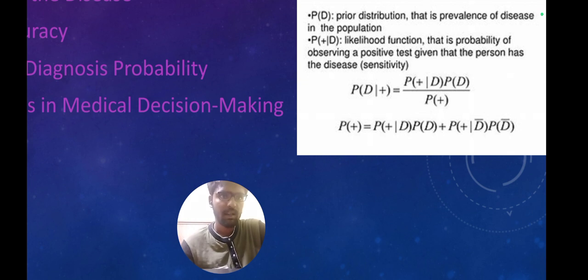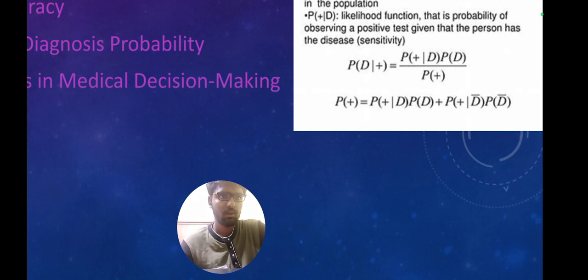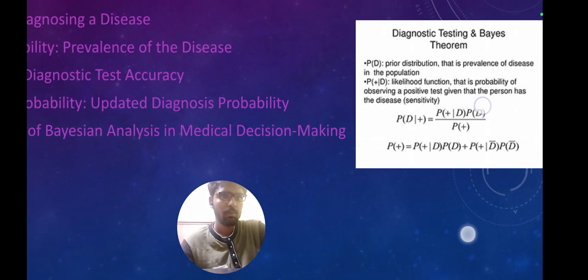P of plus given D, the likelihood function, that is the probability of observing a positive test given that the person is diseased. P(D|+) = P(+|D) P(D) / P(+). P(+) = P(+|D) P(D) + P(+|D bar) P(D bar).